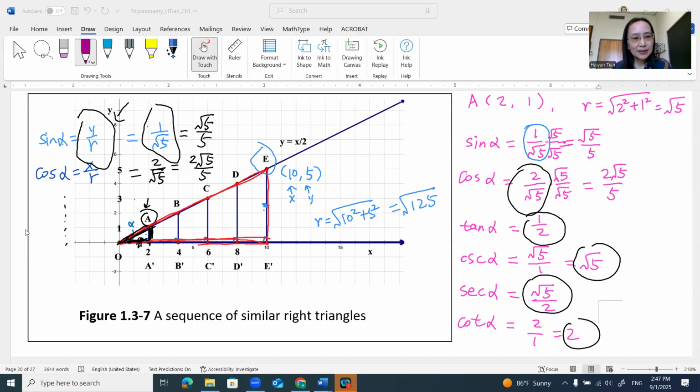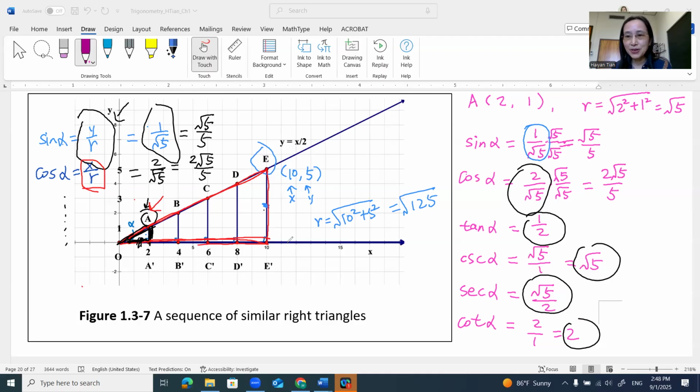For the same reason, cosine is another function. It is defined as x over r. So x over r, no matter whether you use a small triangle or larger triangle, you just have the same ratio, right?